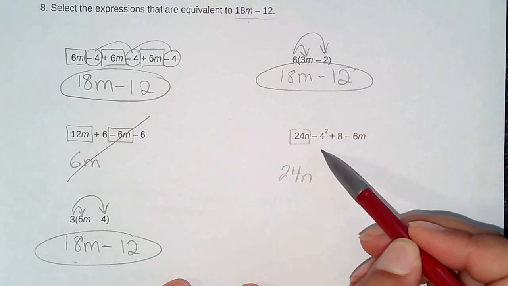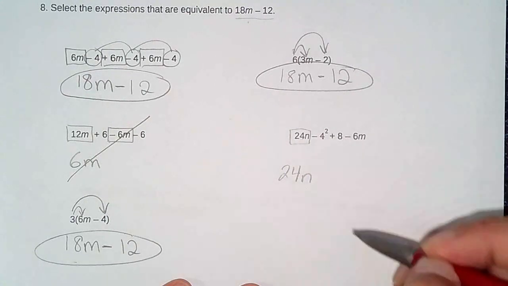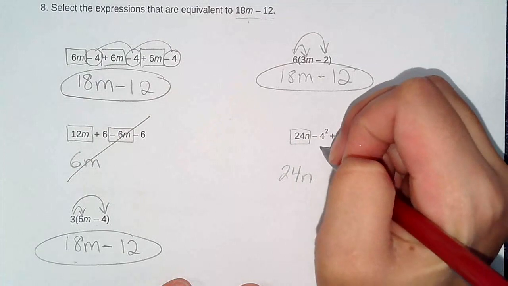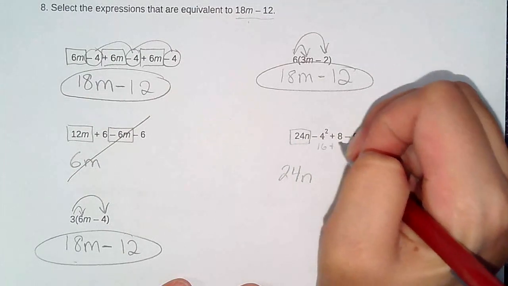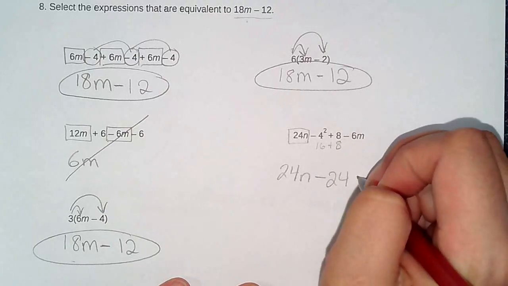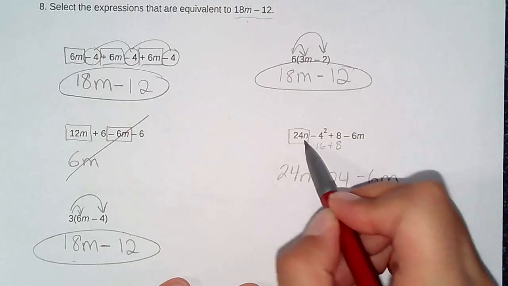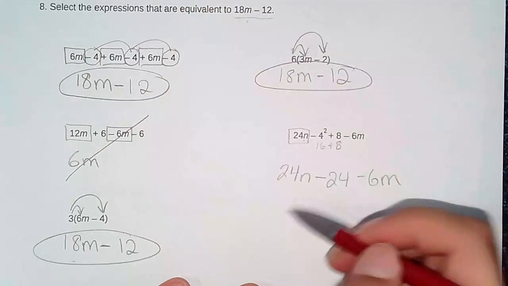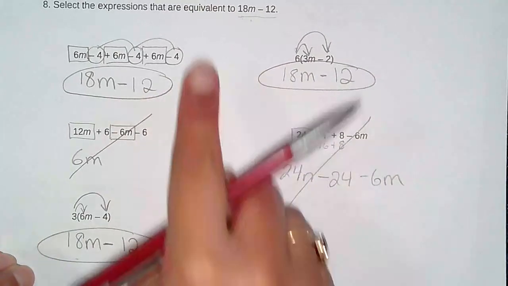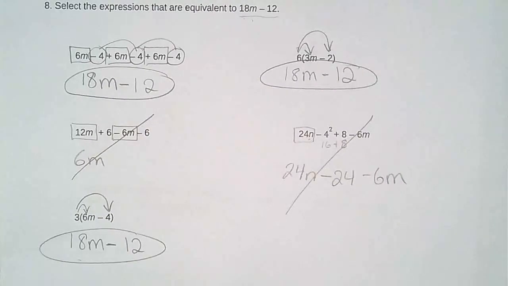If I were to combine the like terms, I would have 24n, 4 to the power of 2 gives me 16 plus 8, which would give me 24. So it'd be minus 24 minus 6m. But I didn't have to do that because there are no n's in this expression. So I have 1, 2, and 3 that are equivalent to 18m minus 12. And that is it.